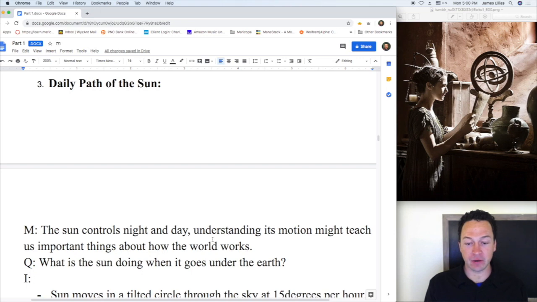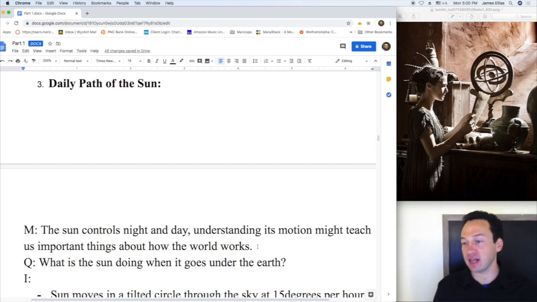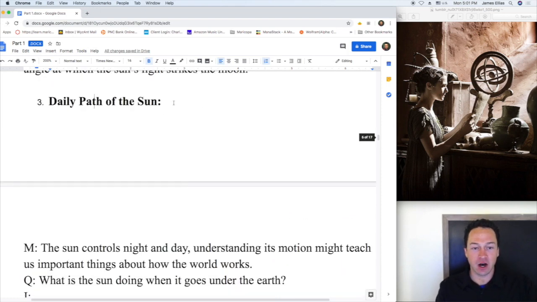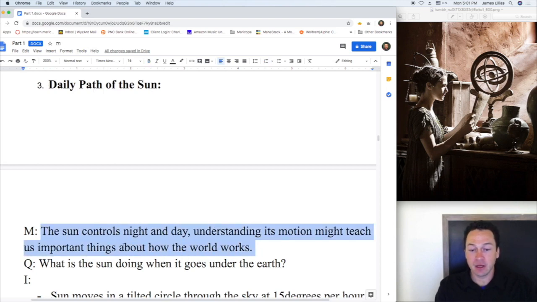Next, people are going to wonder, and this is our Greek hero Anthropocleitus. He's a made-up guy. Whoever this nameless genius was who figured out the daily path of the sun, we honor him or her with the name Anthropocleitus. Okay, so number 3, the daily path of the sun.